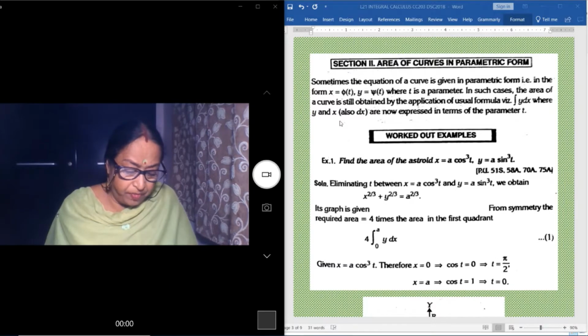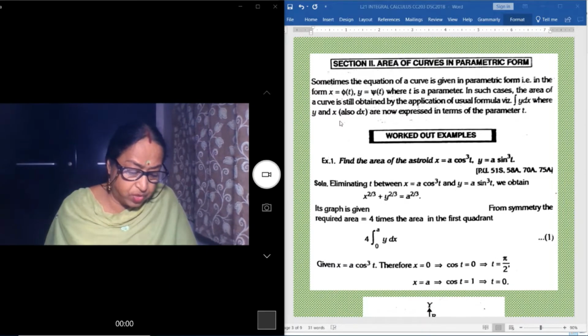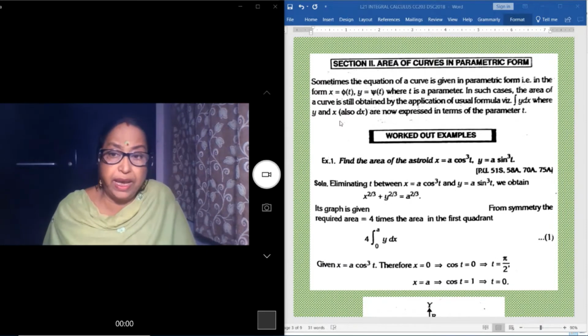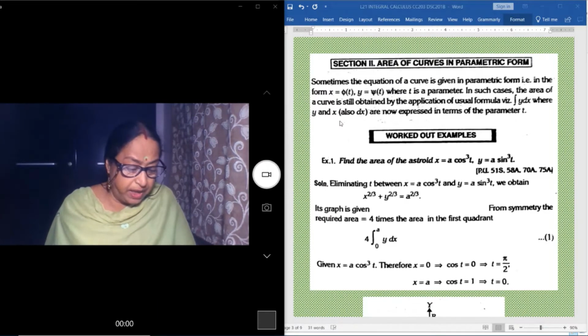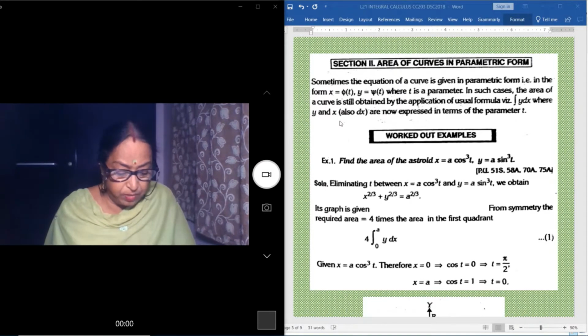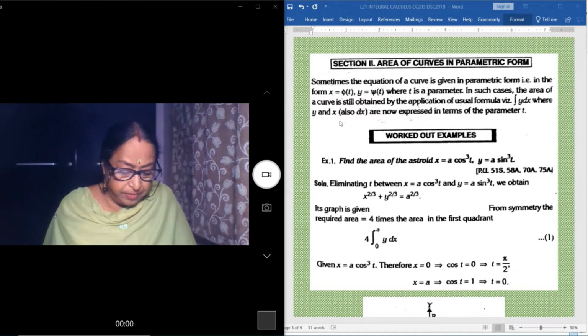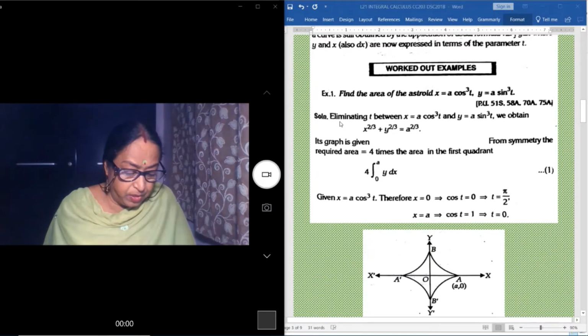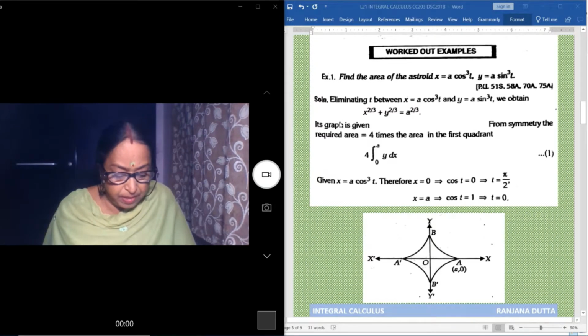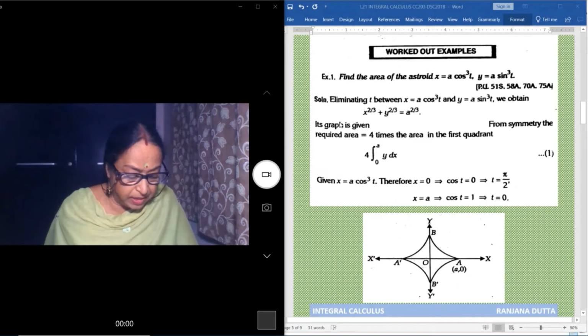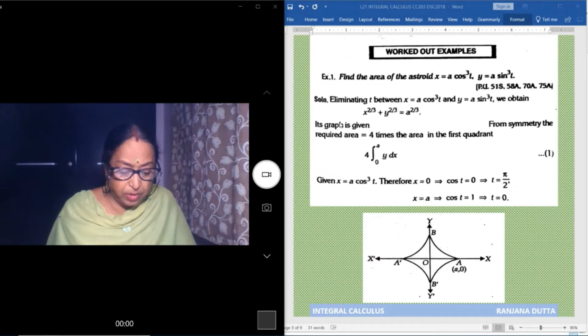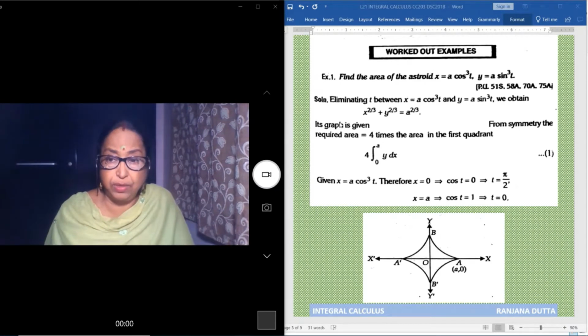See here, find the area of the asteroid. x is equal to a cos cube t and y is equal to a sin cube t. After putting x is equal to a cos cube t and y is equal to a sin cube t, we obtain x to the power 2 by 3 plus y to the power 2 by 3.